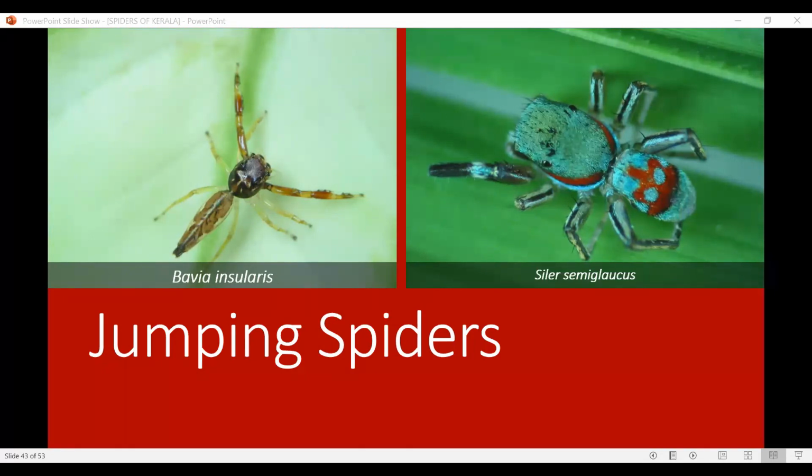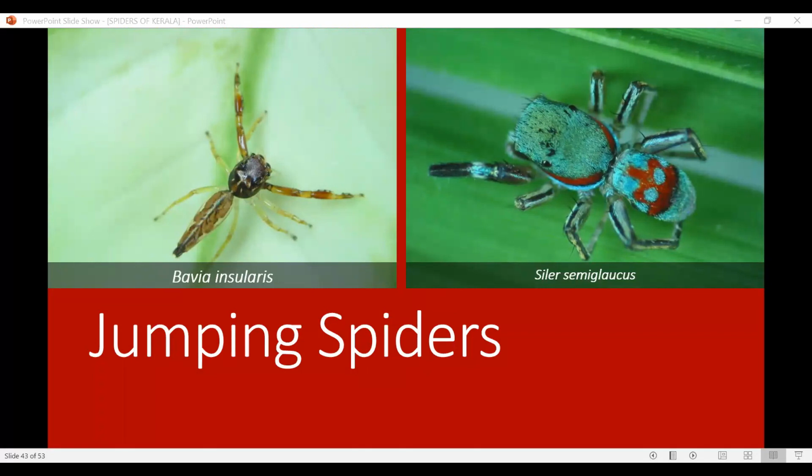That means their eyes are capable of estimating the direction, distance, and also the nature of the prey. Just like we human beings are capable of three-dimensional vision, these hunting spiders' eyes are capable of three-dimensional vision. That is why they are good at capturing prey with great precision, because of their good jumping ability. They are known as jumping spiders.